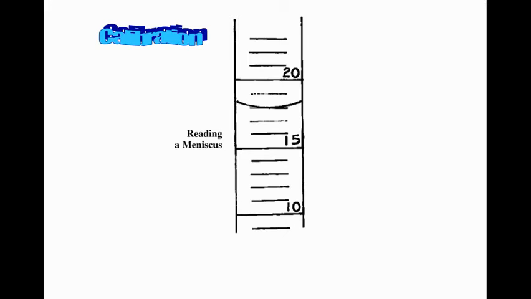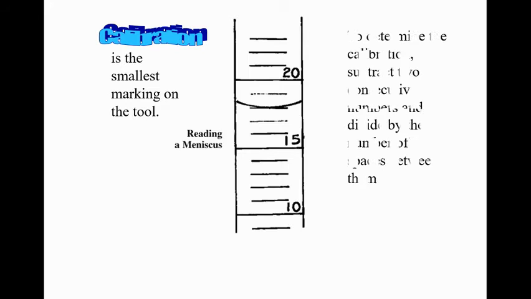Next, we're going to talk about a concept that we introduced the other day, which is called calibration. Calibration is the smallest marking on the tool. So in order to determine calibration, you subtract two consecutive numbers and divide by the number of spaces between them.